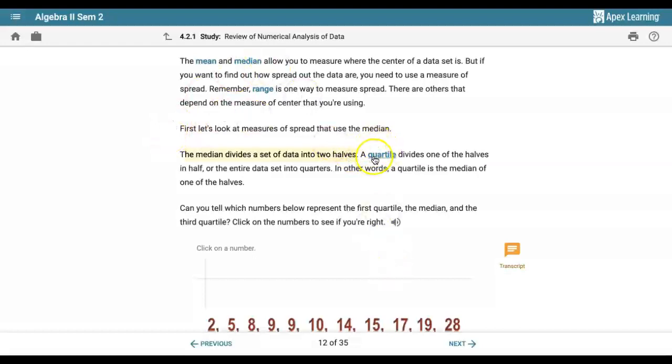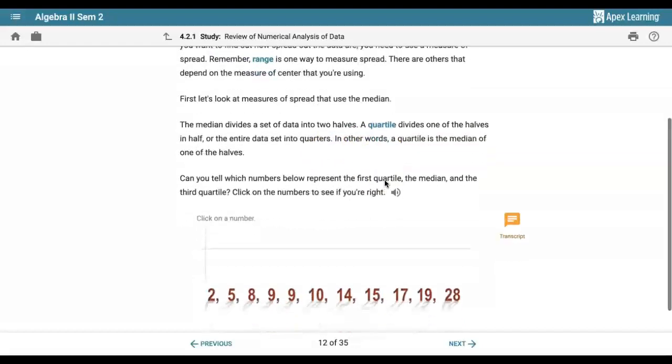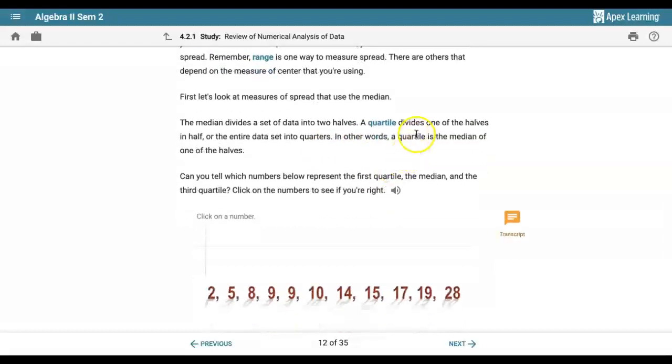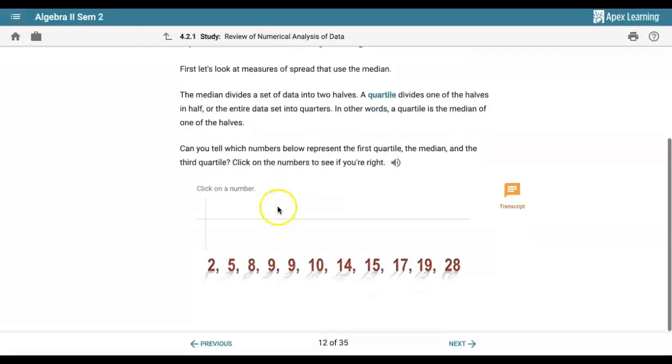Now a quartile divides the half into halves, or it again divides the entire data set into quarters, or fourths. And that essentially means we're taking our data set and dividing it into 4 parts. So in other words, the quartile is the median of one of our halves here.